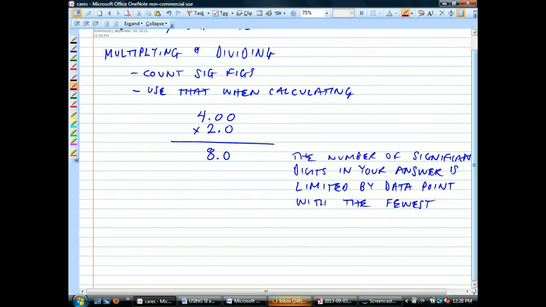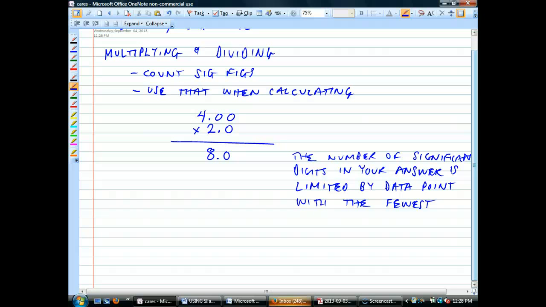And you might find it weird that we don't go by decimal places, and that's an important point. When we're multiplying and dividing, we do not go by the number of decimal places in the data points. We go by the number of significant digits.